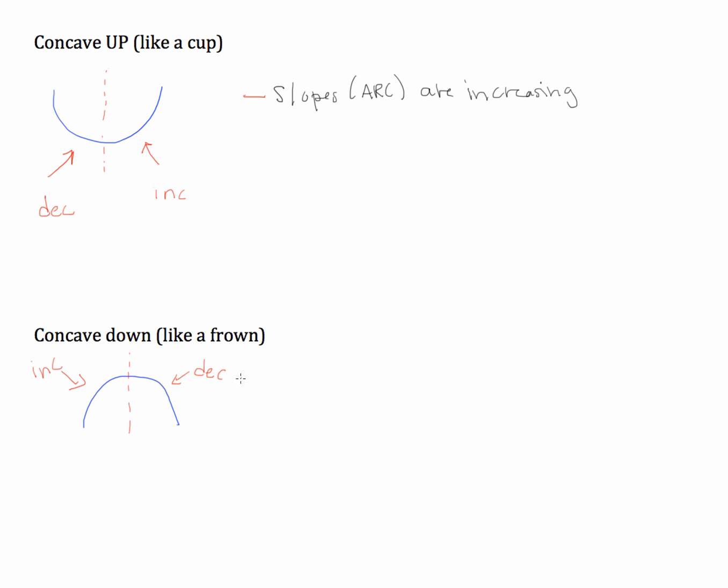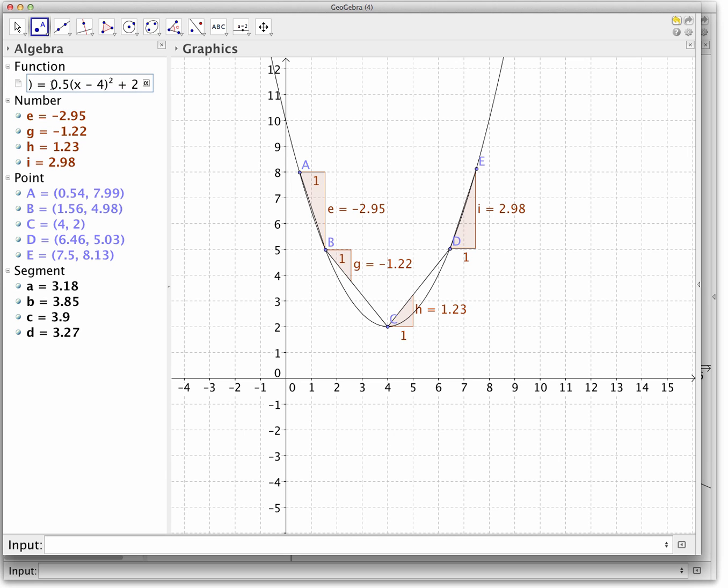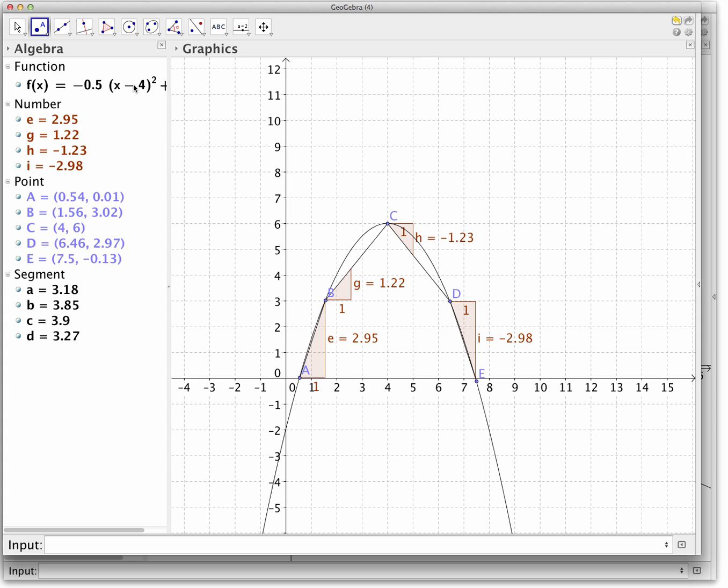Alright, so we can probably guess that with concave down, the slopes should be decreasing. Let's check it out. So I am going to just change my function to be negative, so it's concave down. And I'm going to change that to be plus 6.